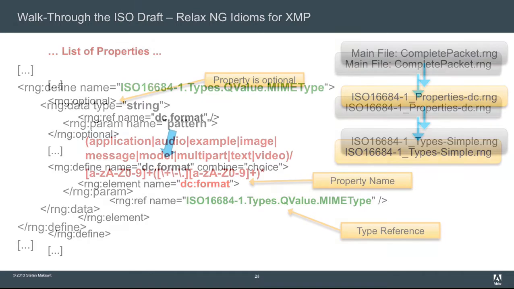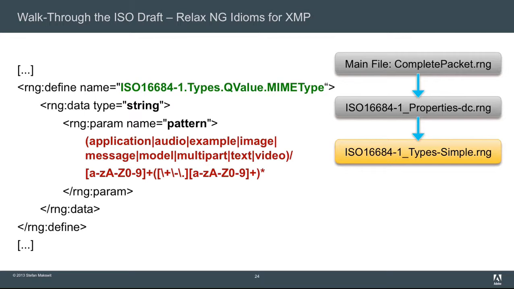Okay, last for that is actually here we see the type file, or an excerpt, and here you can see how the MIME type is defined. I chose that example because it's actually just a regular expression, as probably everybody knows.